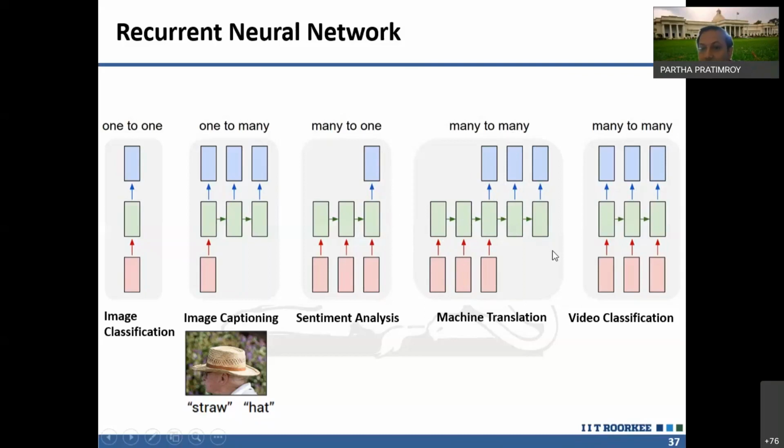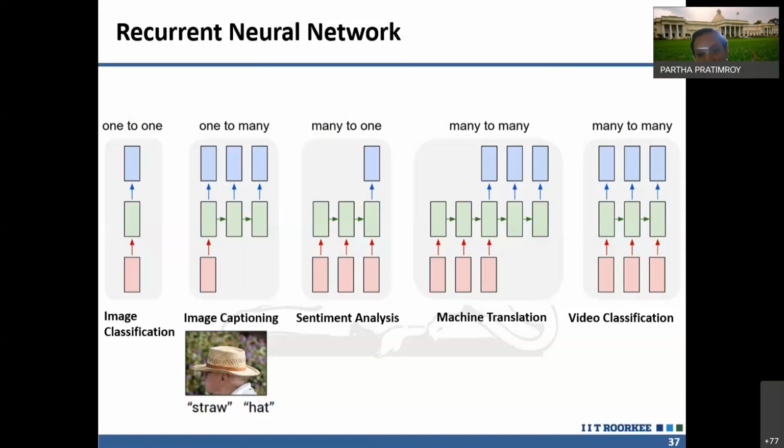And then you will have video classification, where you have many to many. It means you give input, and from the input you generate the output, and that output is also used as input, and then it gives you another result. For example, if you have a sequence of frames in a video, like autonomous vehicle driving, you have a set of frames.